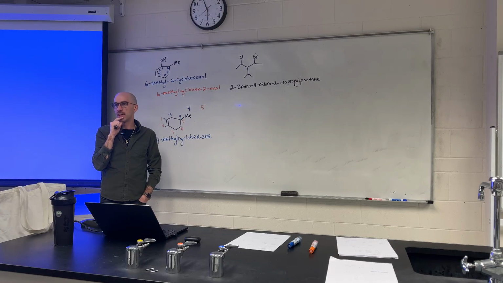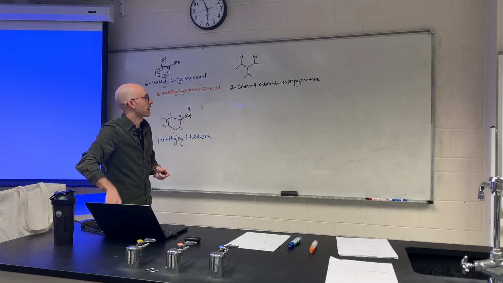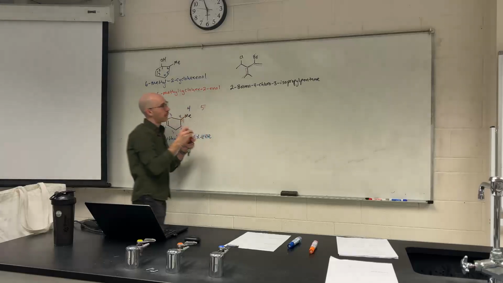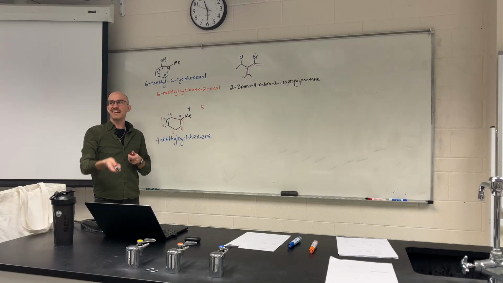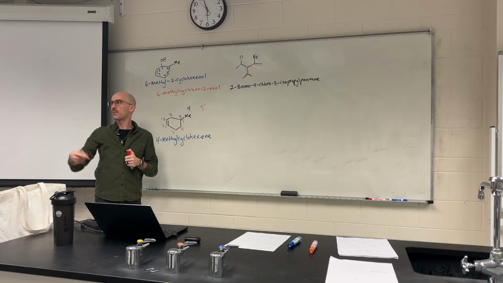It's the nicest name. Any other way that we number this, for instance, if I start from the bottom and I go up and to the right, it's going to include naming one of those alkyl groups as a halo substituted alkyl.